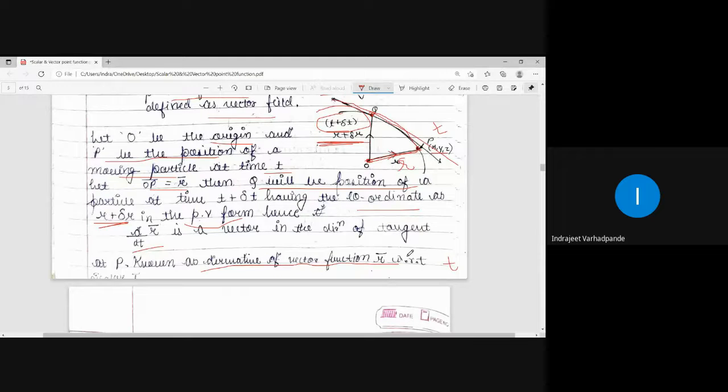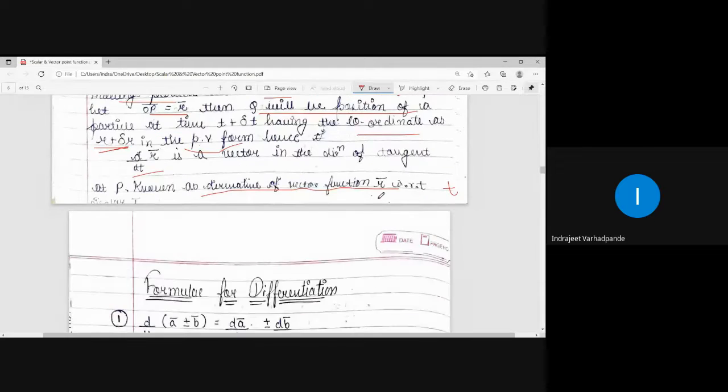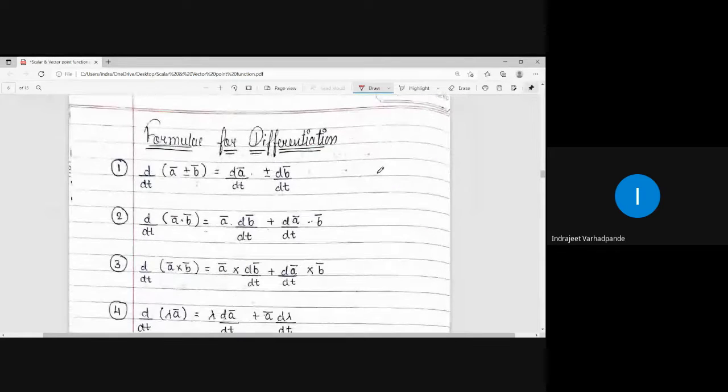We know that rate of change of displacement is velocity and rate of change of velocity is termed as acceleration. These happen in a particular direction, and therefore velocity as well as acceleration are to be considered as vector quantities. So likewise, we now try to define various fundamental theorems related to the differentiation of vectors.